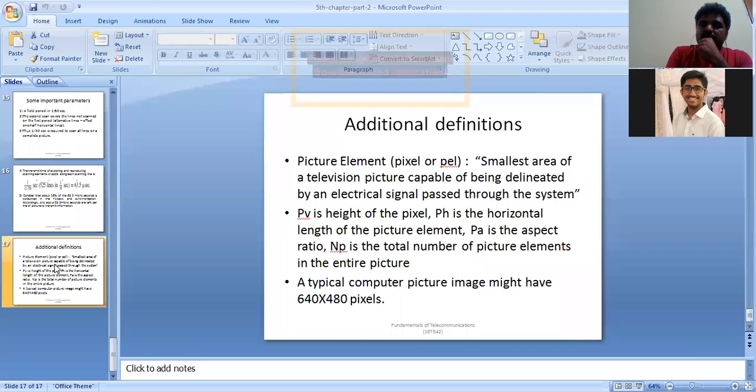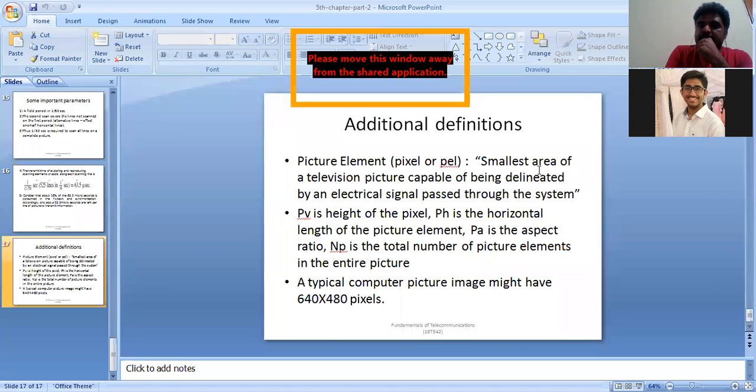The definition as per the textbook is the smallest area of the television picture capable of being delineated, in the sense separated or significantly observed, by an electrical signal passed through the system.